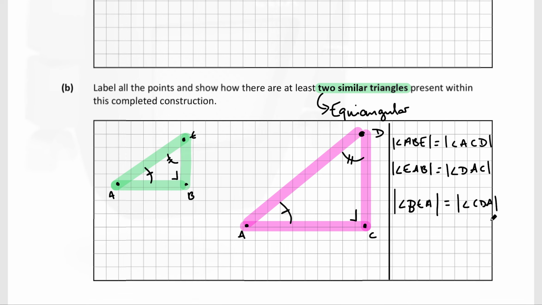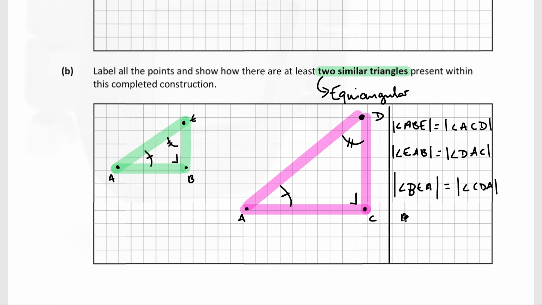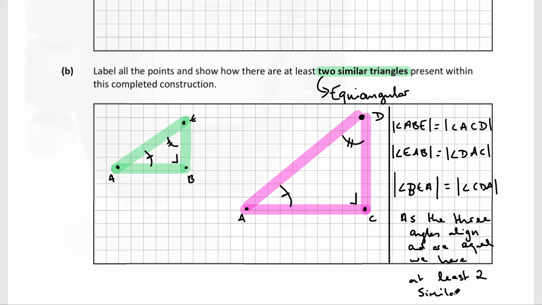And then we would have to say, as the 3 angles align and are equal, we have at least, there could be more, at least 2 similar triangles.